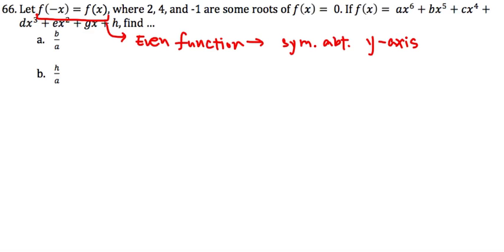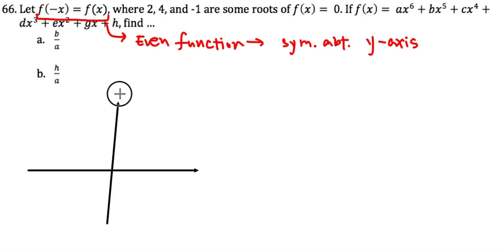Simply put, let us assume that 2 is one root, and then 4 is another root, and negative 1 is the third root.